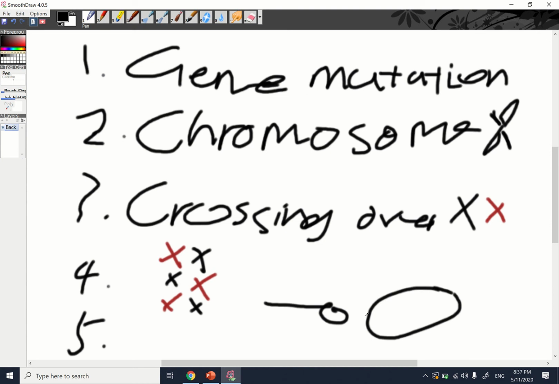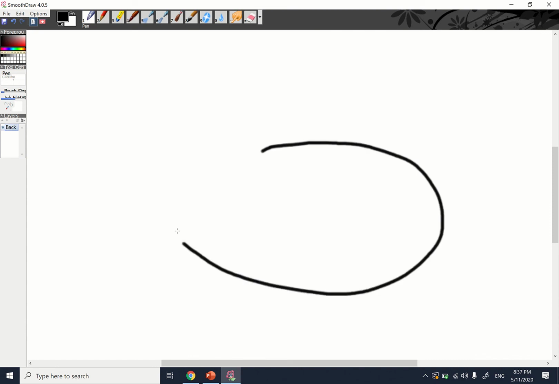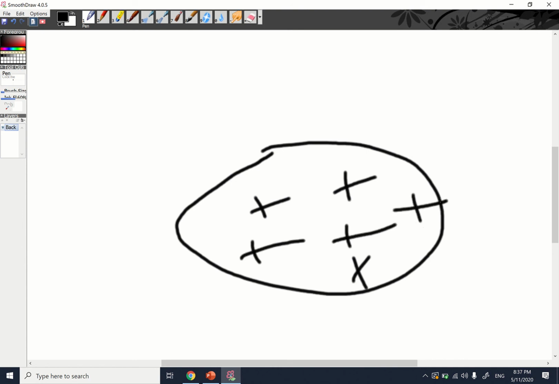All right, next one is the gene pool. So gene pool, let's draw a circle. A gene pool is basically all the genetic information within an interbreeding species. So the gene pool of humans is all the DNA, all the genetic information of all the humans, right?